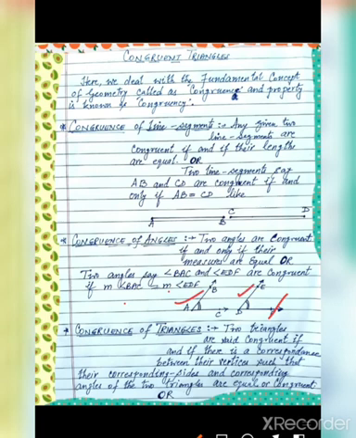Corresponding sides and corresponding angles of two triangles are equal or congruent, then we say these two triangles are congruent. If their corresponding sides and corresponding angles are equal in measure, then these two triangles are congruent to each other.